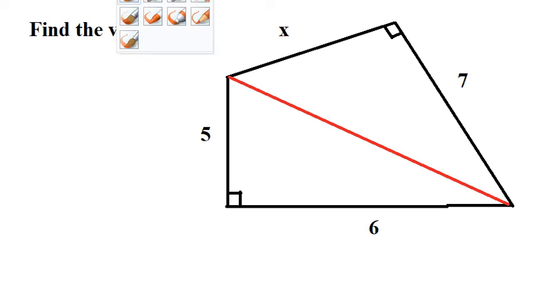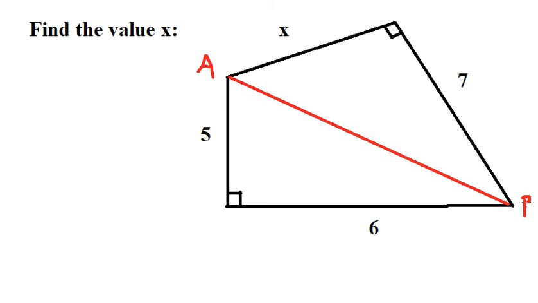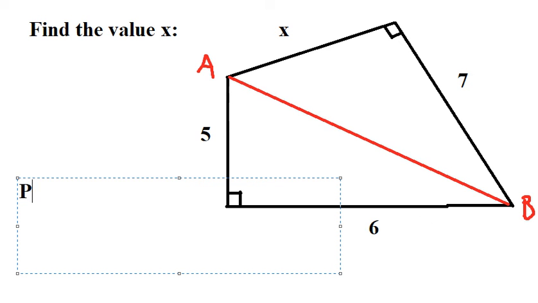The first thing we need to find is the value of the red line AB. To do this, we have the formula in here. So we need to apply the Pythagorean theorem.